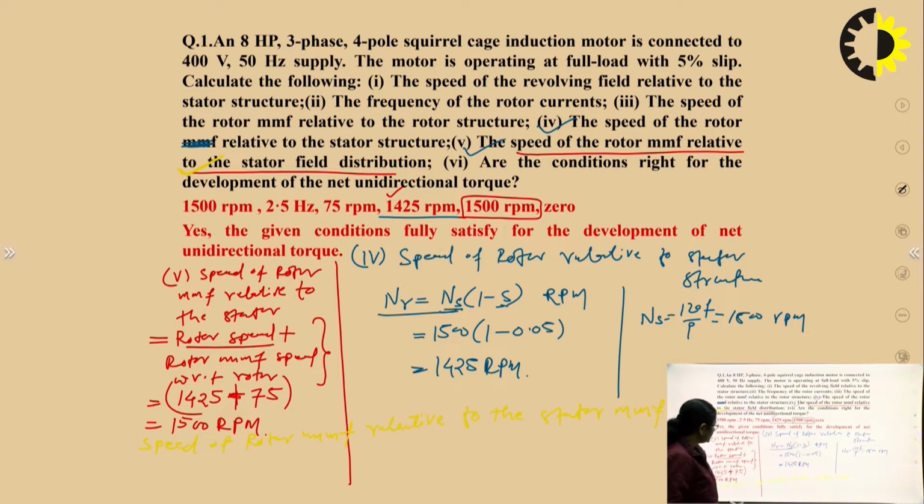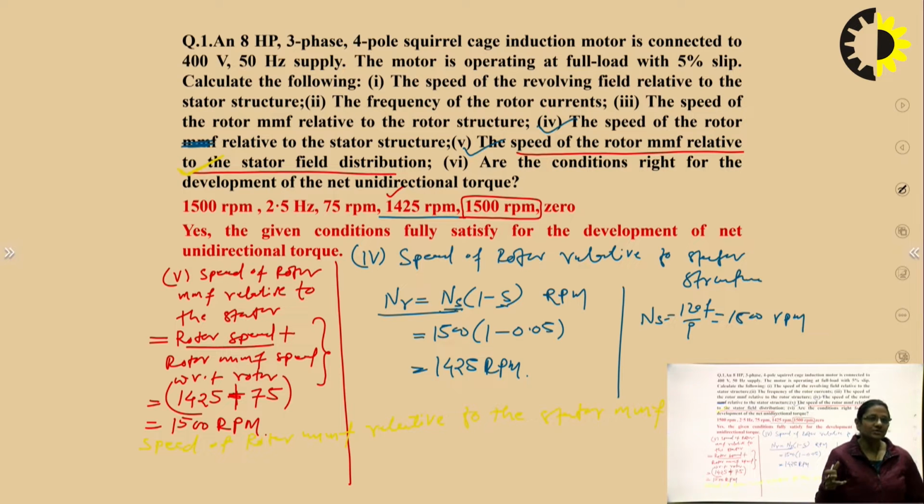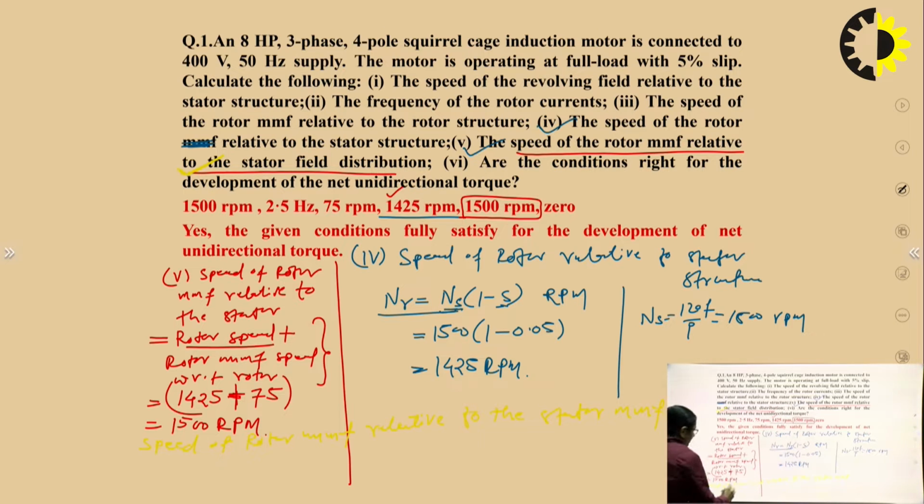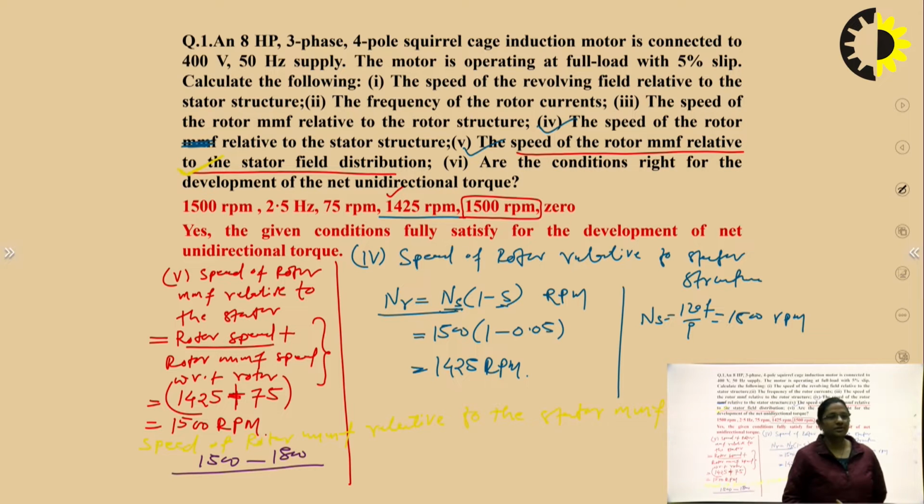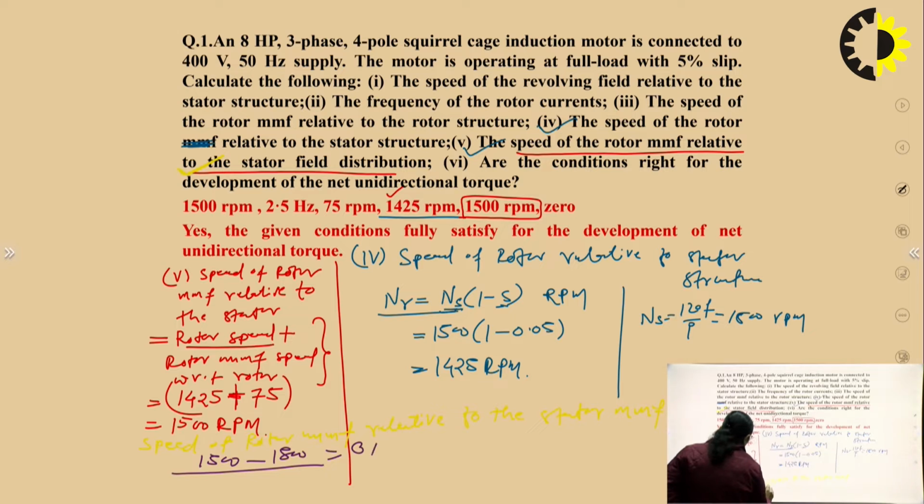This is basically the relative speed between the stator field and the rotor field. What we know is the speed of rotor MMF is 1500 rpm. The speed of stator MMF is also 1500 rpm. So the difference between the two, or I must say the relative speed between the two, comes out to be 0, right? What it implies? So it is 0 rpm.